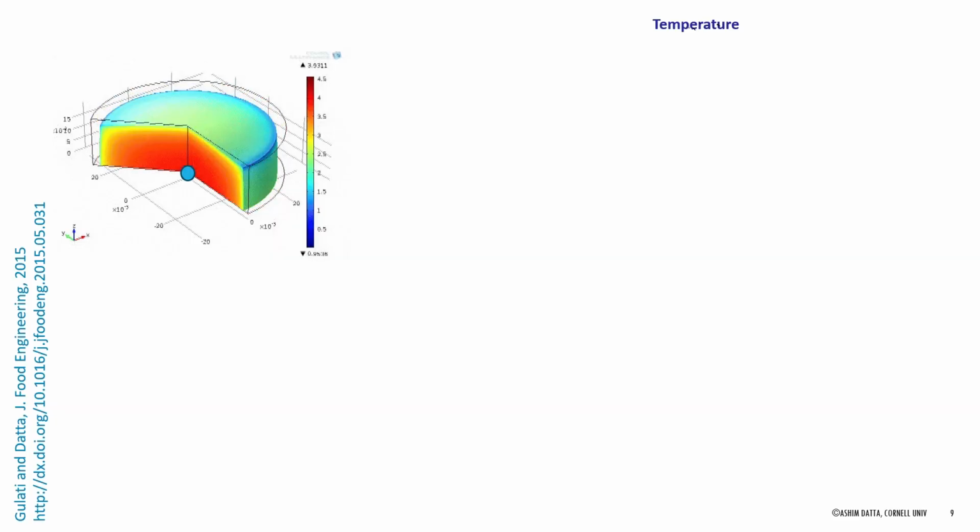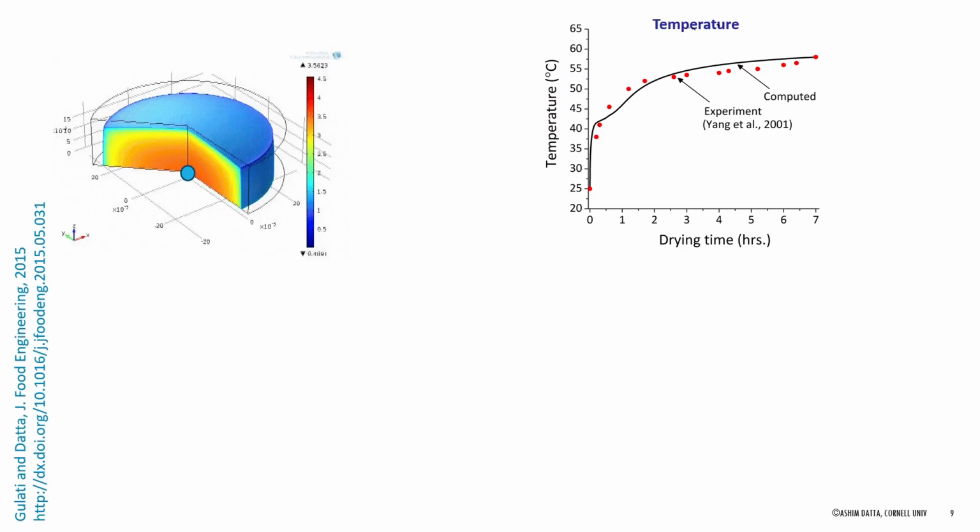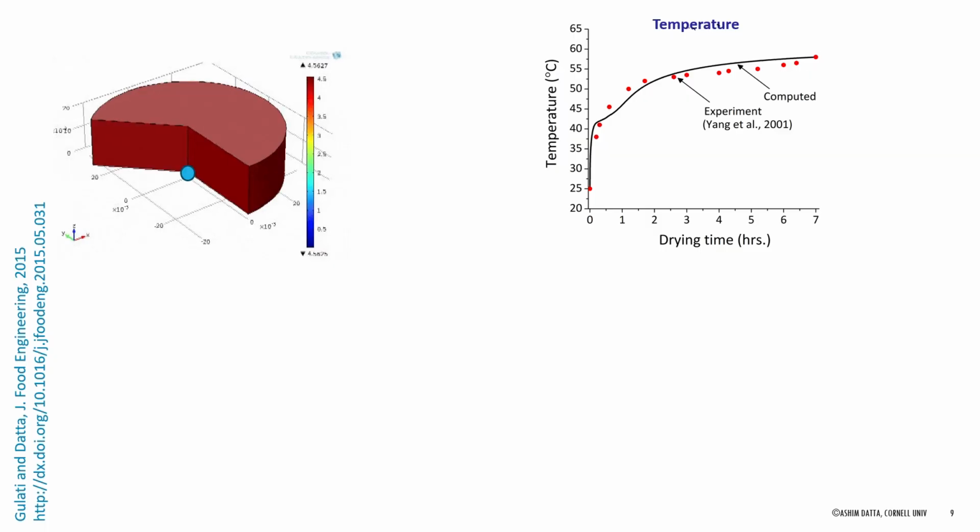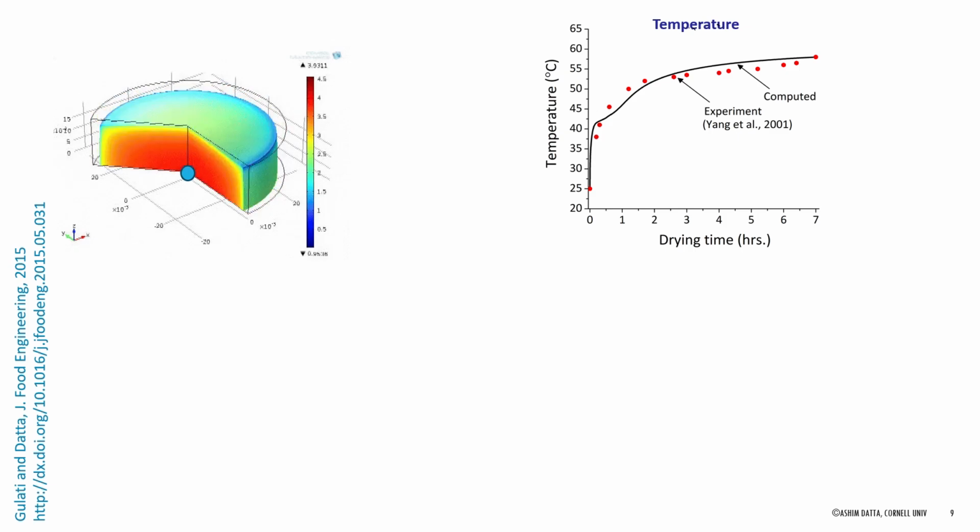So first, there is the transient temperature plot. So the transient temperature is definitely diffusion-like, but it rises to some temperature below the drying temperature. The drying temperature in this case is 70 degrees.